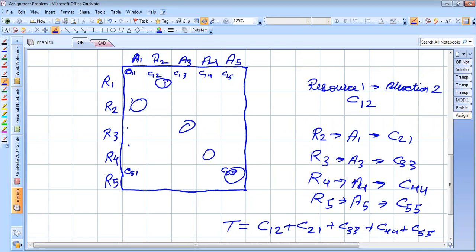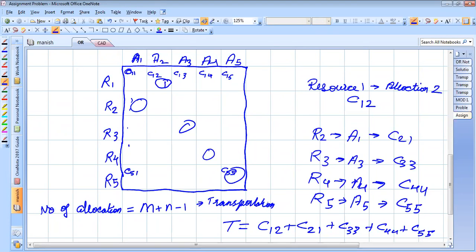Now, if you remember, in transportation problem, what will be the number of allocations? What should be the number of allocations in transportation problem, students? M plus N minus 1. Exactly, it will be M plus N minus 1, isn't it? But this is for transportation.